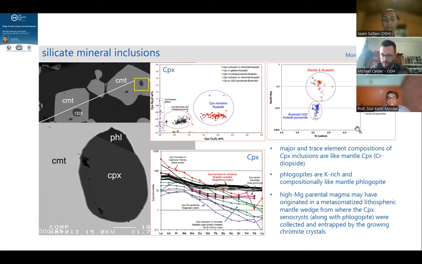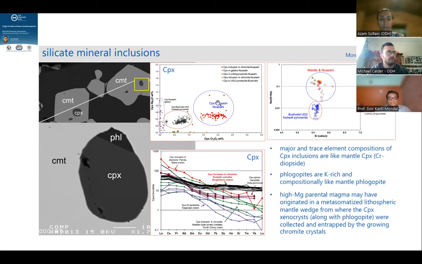And they're also like mantle phlogopite. And from this observation and other data, we propose that high magnesium parental magma may have originated in a metasomatized lithospheric mantle, from where the clinopyroxene and phlogopite were collected and entrapped by the chromite crystals from the magma.